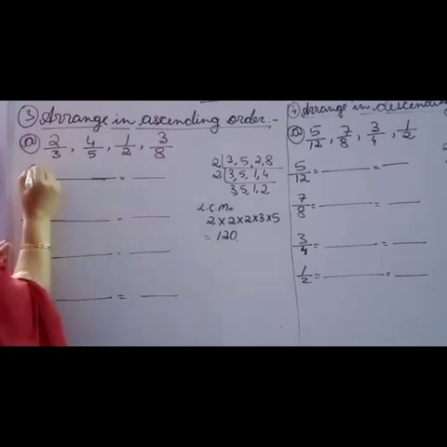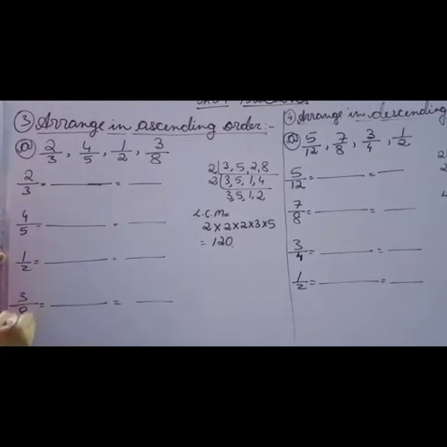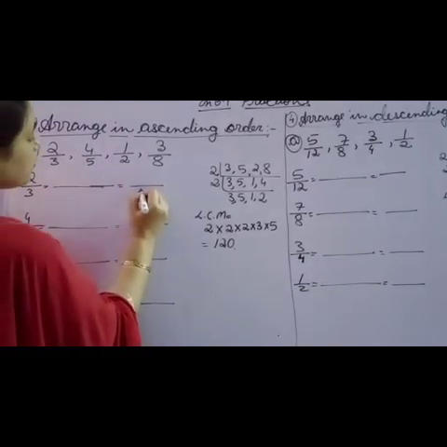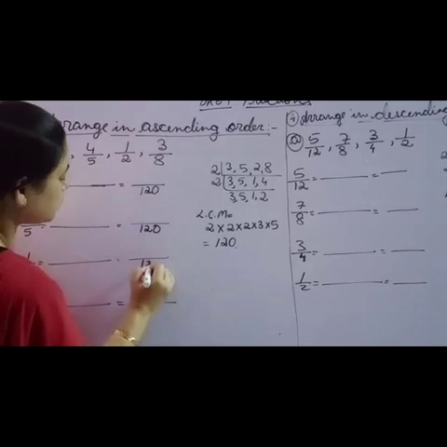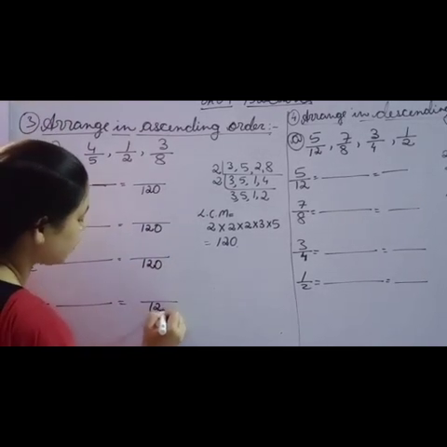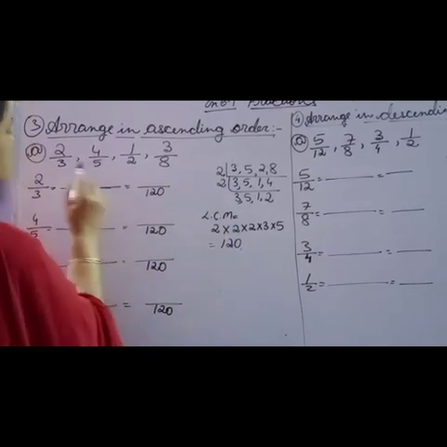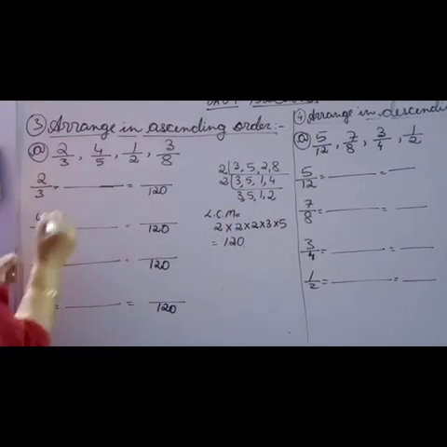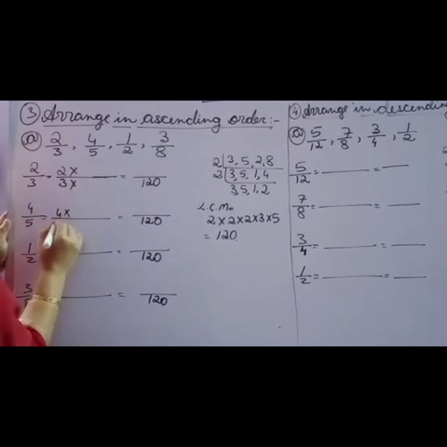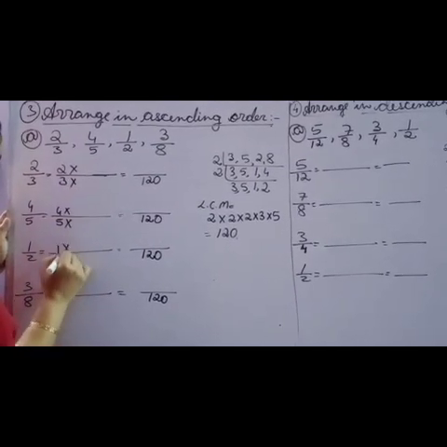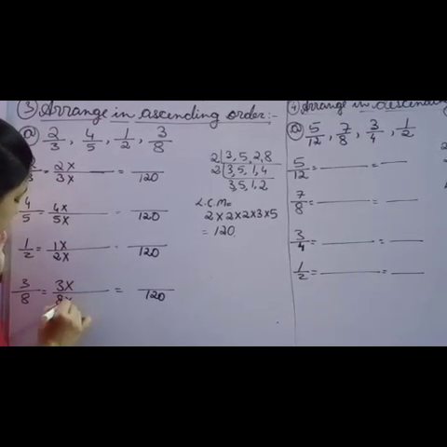So I have written here 2 by 3, 4 by 5, 1 by 2, 3 by 8. First I will write the denominators for all these fractions as 120. This 120 is what I found as the LCM of all these denominators. Now 2 into, 4 into, 1 into, 3 into.